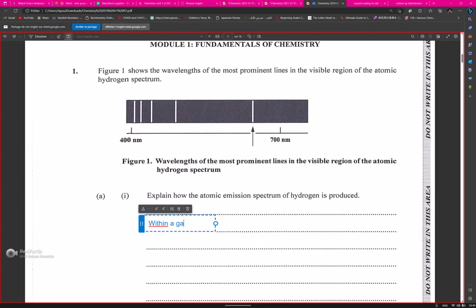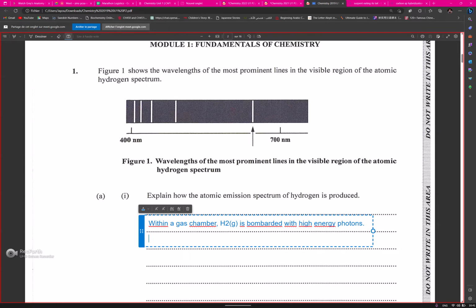Let's say within a gas chamber, I'm just using this as an example, we have hydrogen gas, H2 gas, which is bombarded with high energy photons.